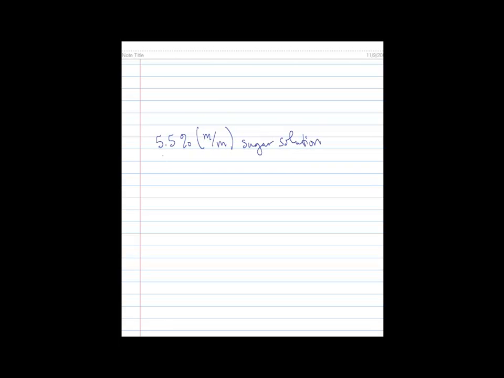I'm always going to take these out of 100, so I can have 5.5 grams of sugar over 100 grams of solution, or I can flip it and have 100 grams of solution over 5.5 grams of sugar. So I'm going to pick whichever one gets my units to cancel out with my starting quantity.